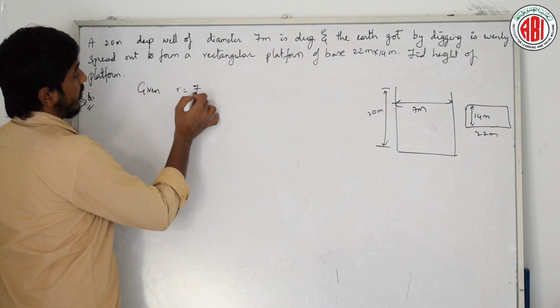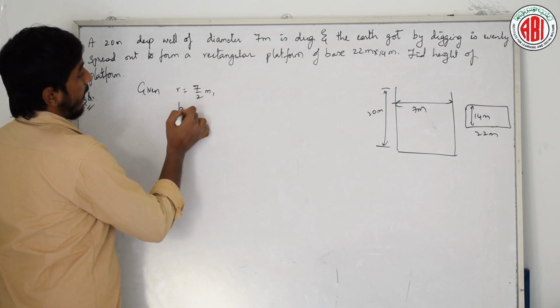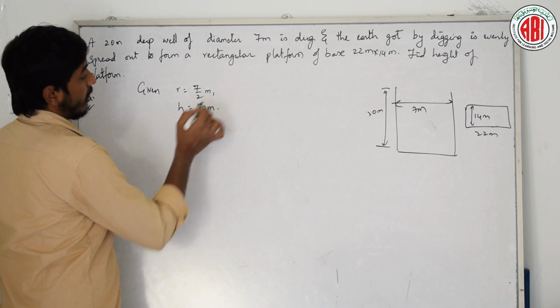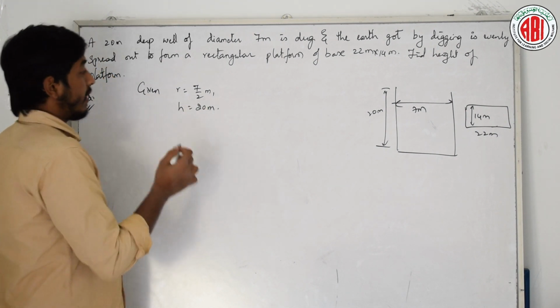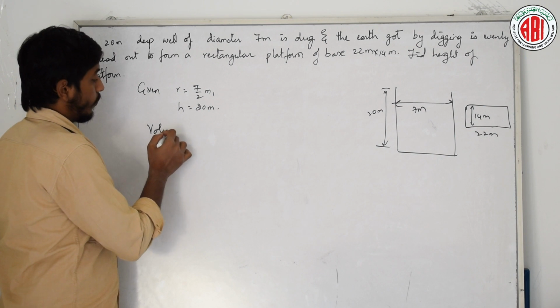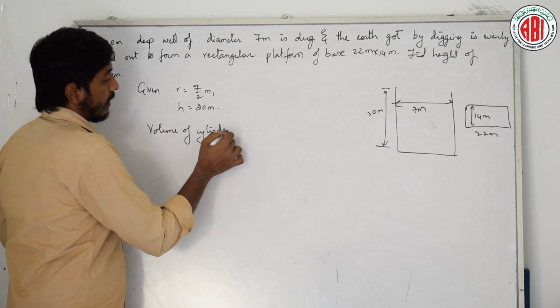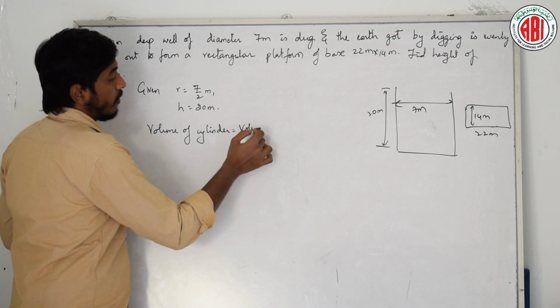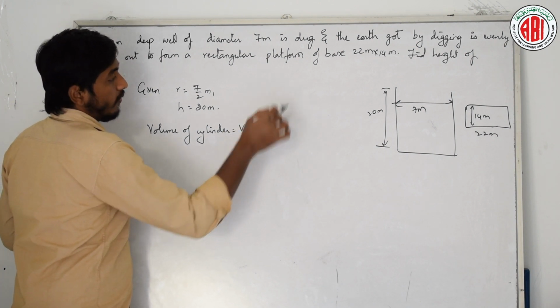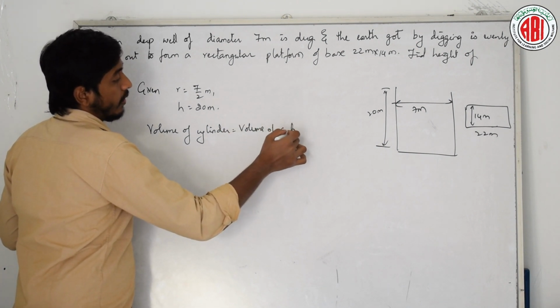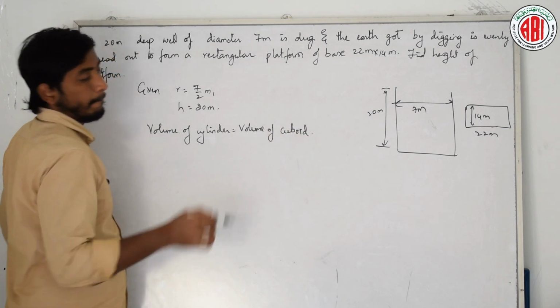radius as 7/2, height as 20, the volume of the cylinder is equal to the volume of the cuboid.